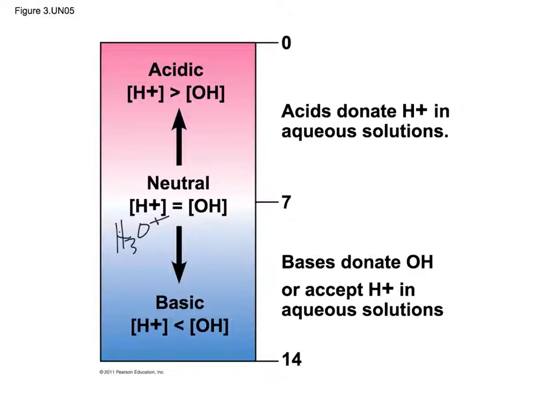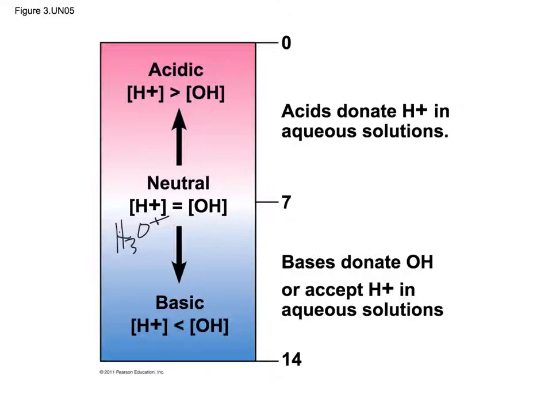So as we move lower than 7, we have a higher H+ or higher hydrogen ion concentration than hydroxide ion. As we move above 7, the hydroxide ions are higher in concentration than hydrogen ions. Okay?